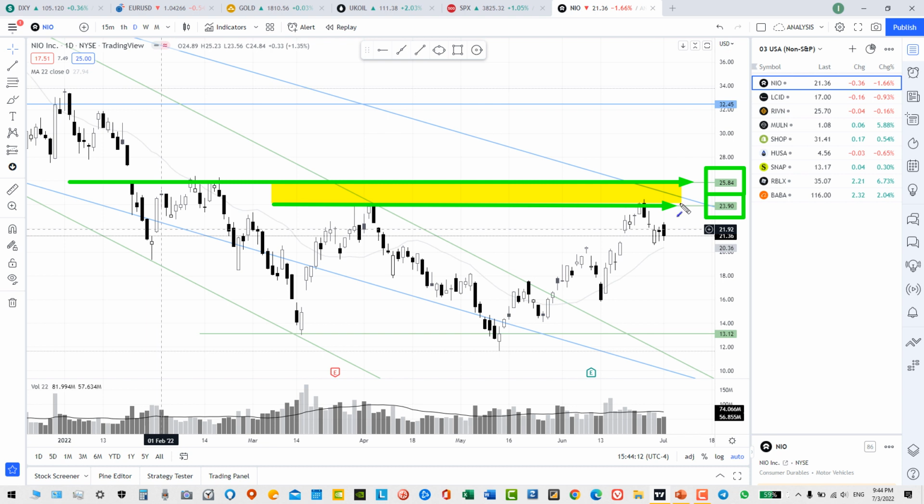Keep in mind that the downward trend line is moving through this area. That's why this is considered a very strong resistance area, consisting of triple resistance levels.